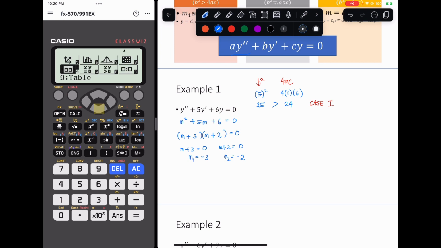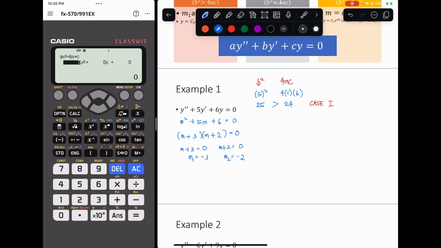So we go to equation, and we select that one, and we go with polynomial. What would be the degree? This is a second degree polynomial, so we select 2.